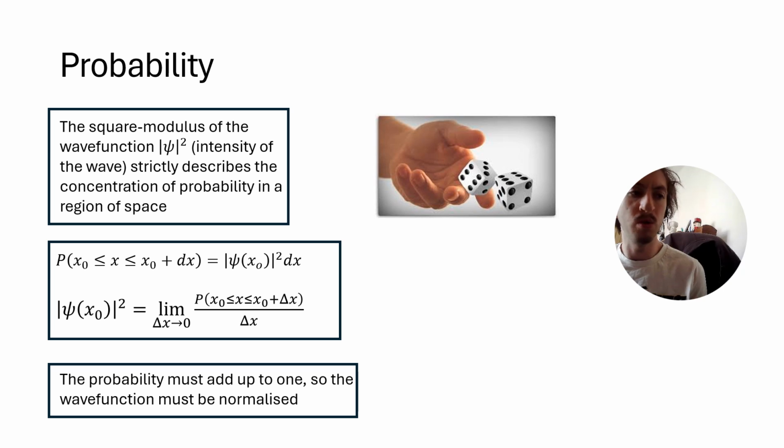You're not going to roll a dice and then find that there are no faces up on the dice. So we have to find some outcome, and therefore probabilities have to add up to 1. It's certain that we will observe some state, and we might just not know what that state will be. And because of quantum uncertainty in quantum mechanics, we definitely won't know what state that is going to be.